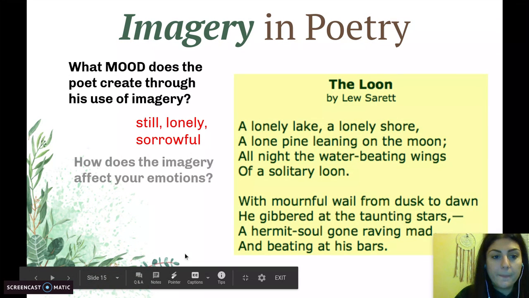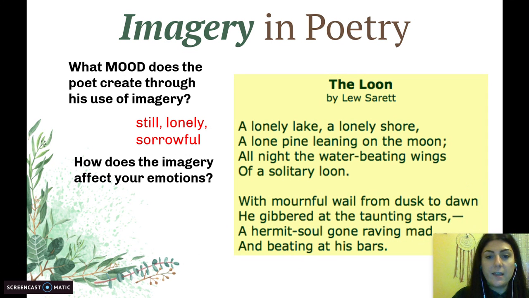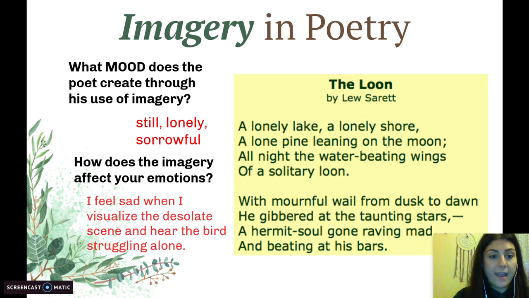So going again, how does the imagery affect your own emotions as a reader? I could tell you right now, for me, I feel sad when I visualize in my mind the desolate scene, the lonely scene, and hear the bird struggling all alone.